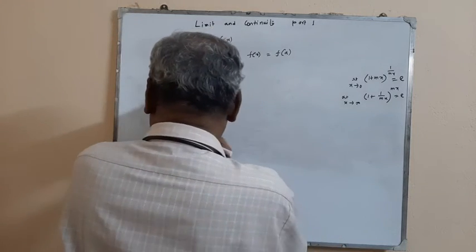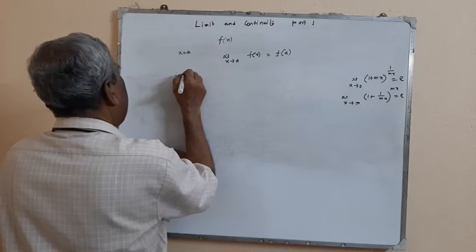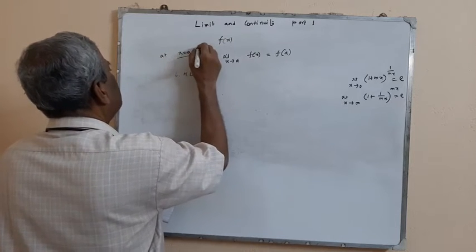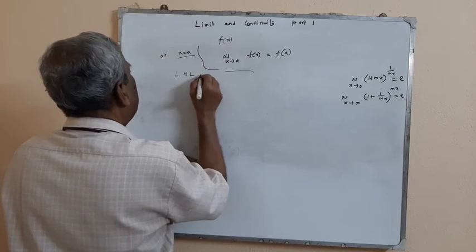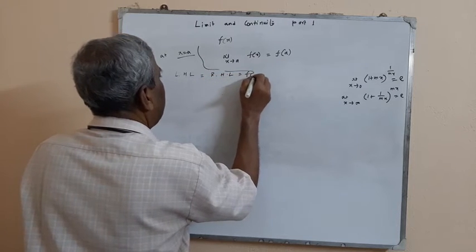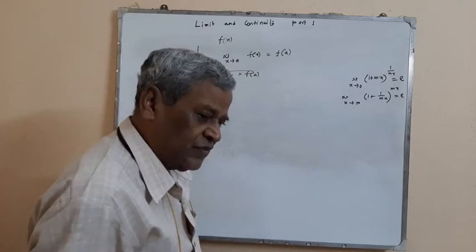So, say left hand limit at x is equal to a, left hand limit is equal to right hand limit is equal to f(a), then only we can say that the function is continuous at the point x is equal to a.